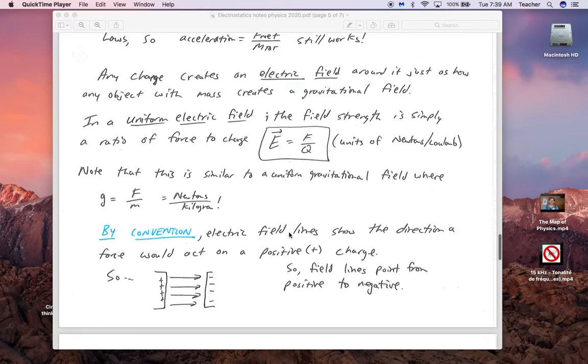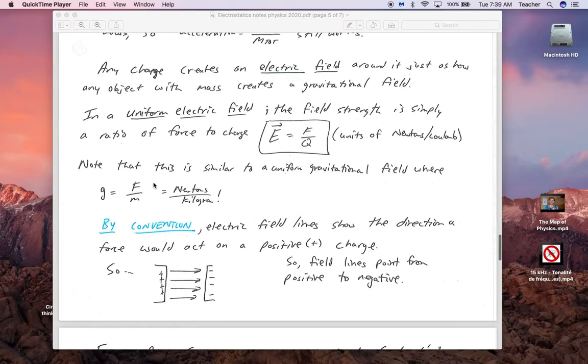Notice that that's really similar to a uniform gravitational field, such as on Earth when we think of g, which we can think of as a gravitational field strength. Sometimes we think of it as acceleration, which is meters per second squared. Sometimes we think of it as newtons per kilogram, which is actually how we thought about it at first.